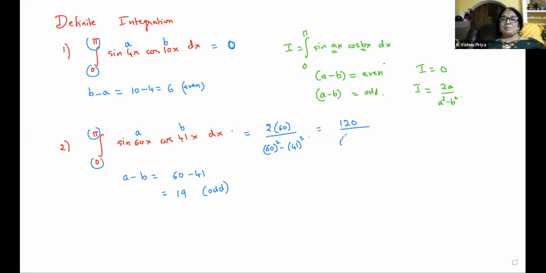A square minus B square is A plus B into A minus B. So in the numerator, I have 120. 60 plus 41 is 101. 60 minus 41 is 19. So I can write 120 by 19 into 101.